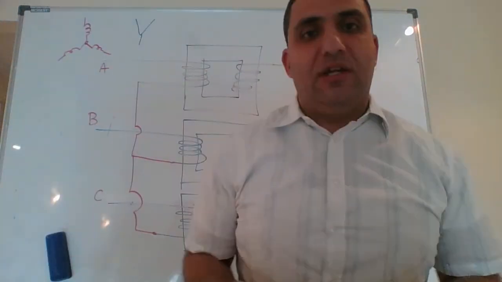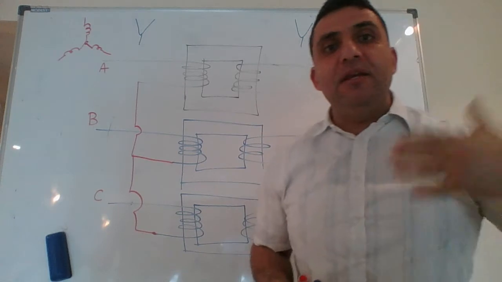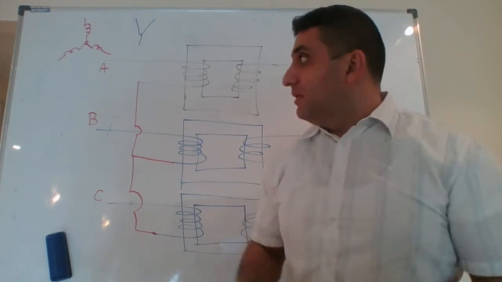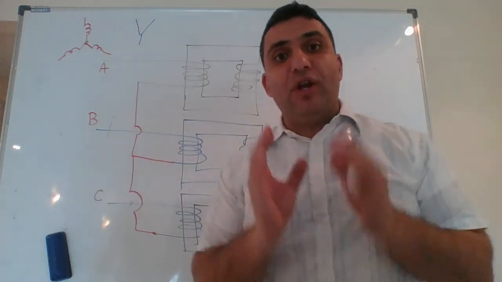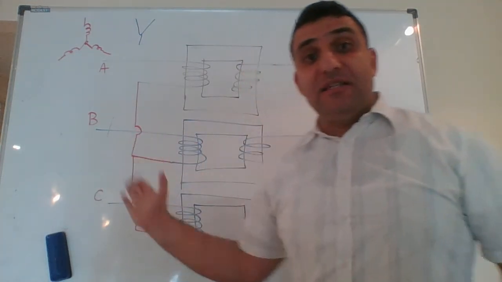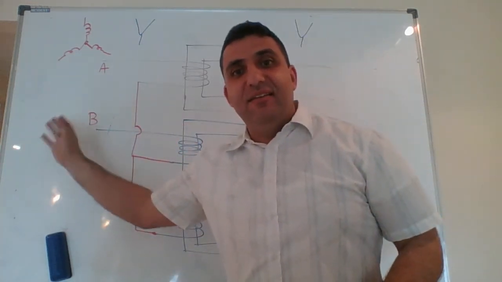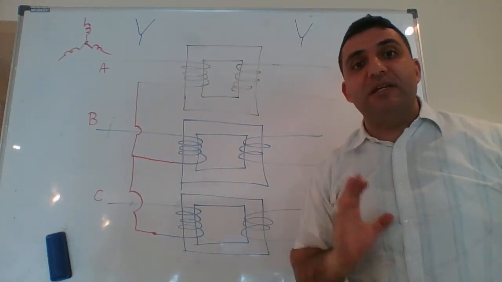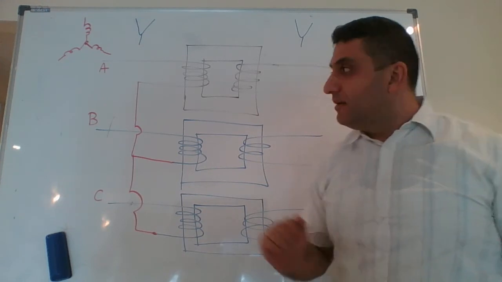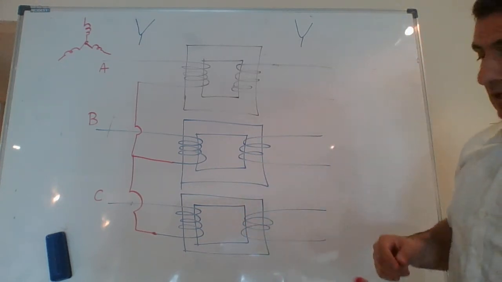It's worth noting that in many books or many countries, they will have capital A, capital B, capital C as the primary values, and then on the secondary values they have small a, small b, small c for notations. Now the second side I do exactly the same.